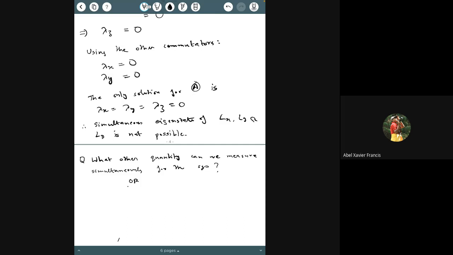Or I can reframe the question: is there an angular momentum operator of some form which commutes with Lx, Ly, Lz?